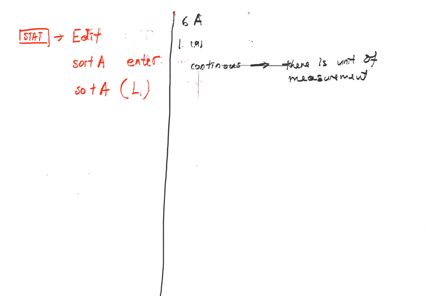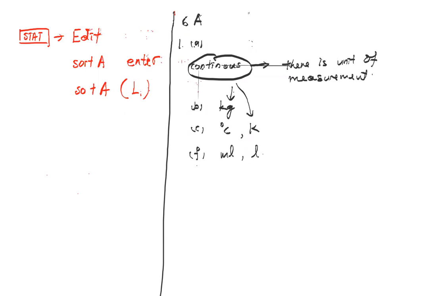Like for example, B, you measure in kg. C, you measure in degrees Celsius or Kelvin. Am I right? And F, you measure in ml, milliliter, or liter. So all continuous variables, there is a unit of measurement. Are you okay? Okay, number 2.